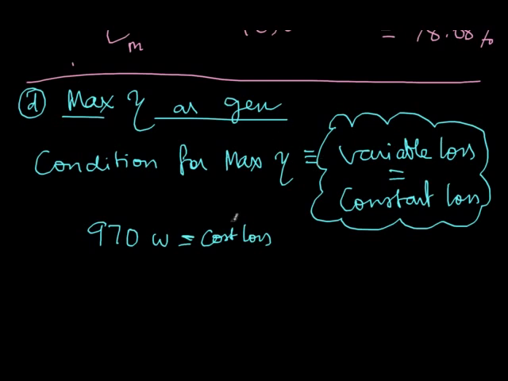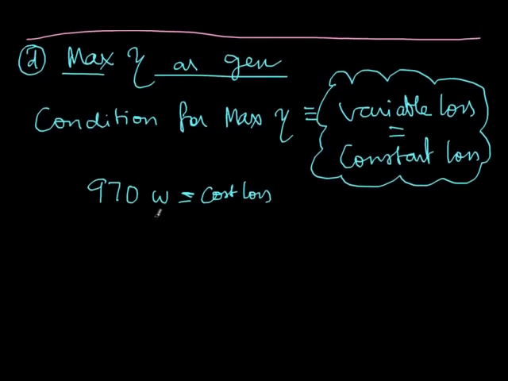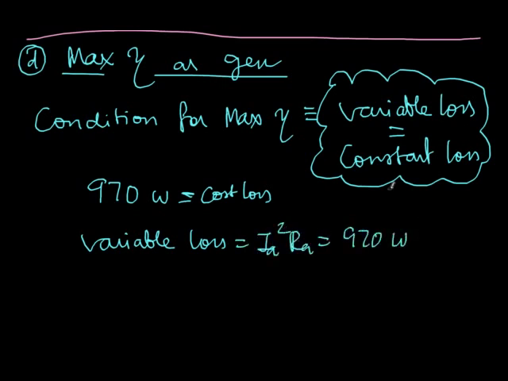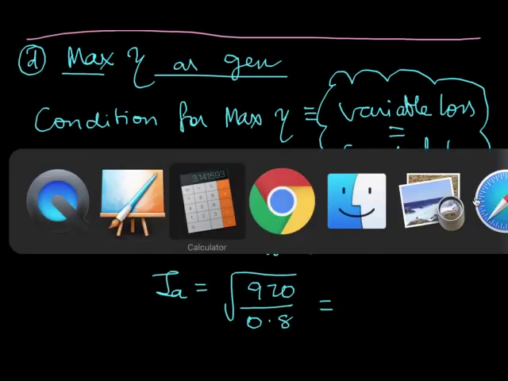So therefore, what is the variable loss? Variable loss is nothing but Ia square Ra, that should be equal to 970 watts. So from this, Ia will be the square root of 970 divided by 0.8, which is what we have to calculate.